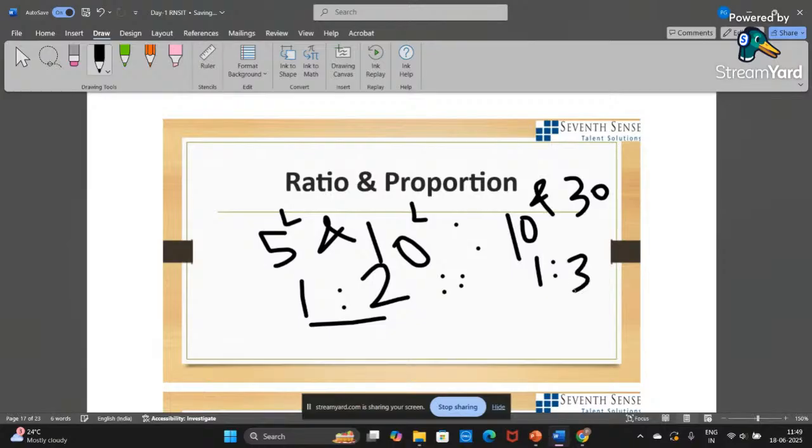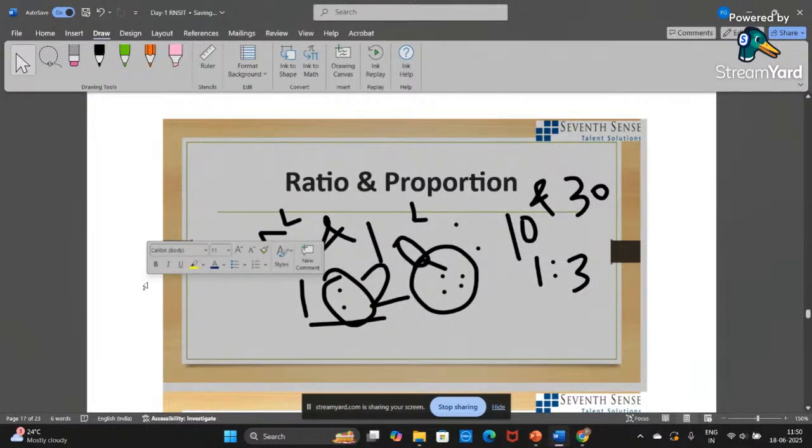It is very simple. When you're comparing between two or more quantities, we're going to use the ratio. When ratios are compared, we're going to use the proportion. Ratio is indicated with this and proportion is indicated with this. Got it? Now we'll solve the problems related to ratio and proportion.